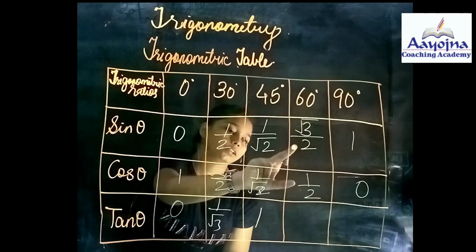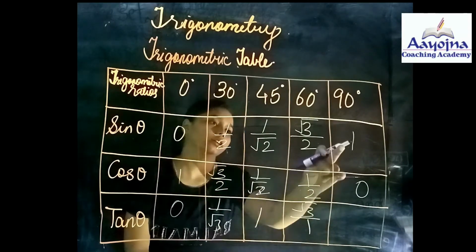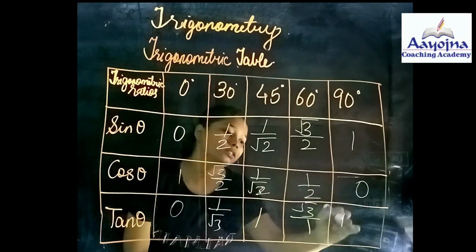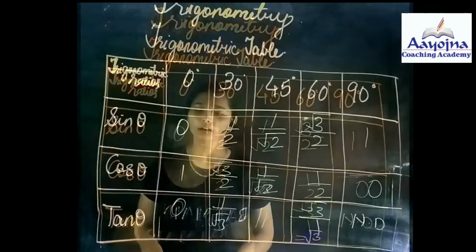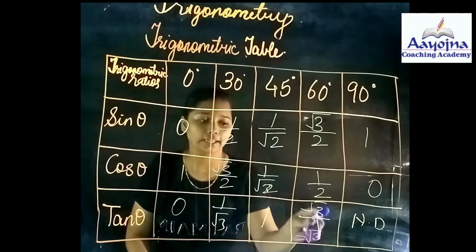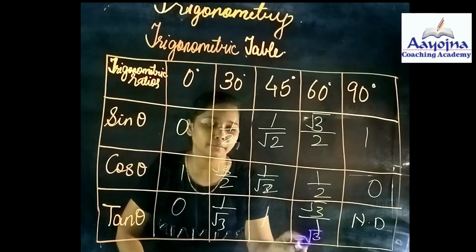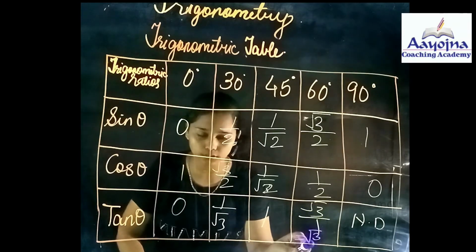Here it is root 3 upon 2 upon 1 upon 2, so it becomes root 3 upon 1. Here it is 1 upon 0, that is not defined. For tan theta I have written root 3 upon 1, but anything which has denominator 1 can be written as the number itself. So it becomes root 3.